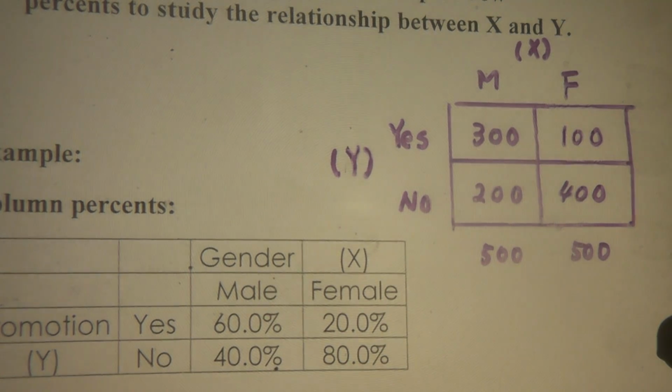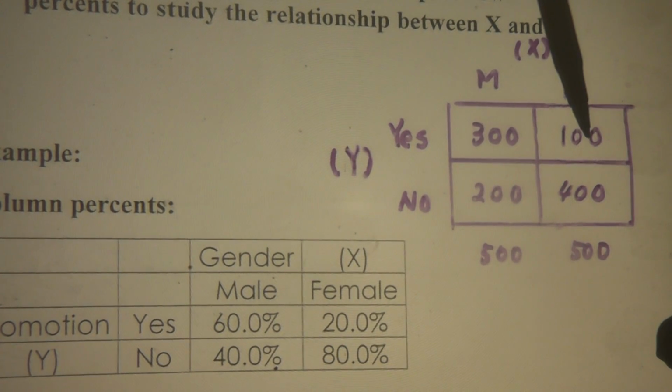How about row percent? Row percent goes this way. 300 plus 100 is 400.